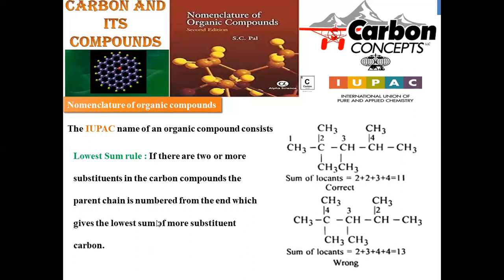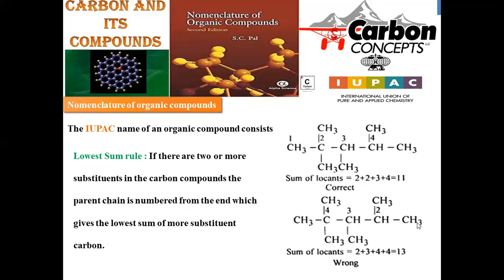And next, another example is also provided: the lowest sum rule. Here we have to go through some mathematical principles in order to assign the name for the given compound. So let us go with the parental chain. First, identify the parental chain. Here it is a 1, 2, 3, 4, 5 carbon chain, and here also a 1, 2, 3, 4, 5 carbon chain.